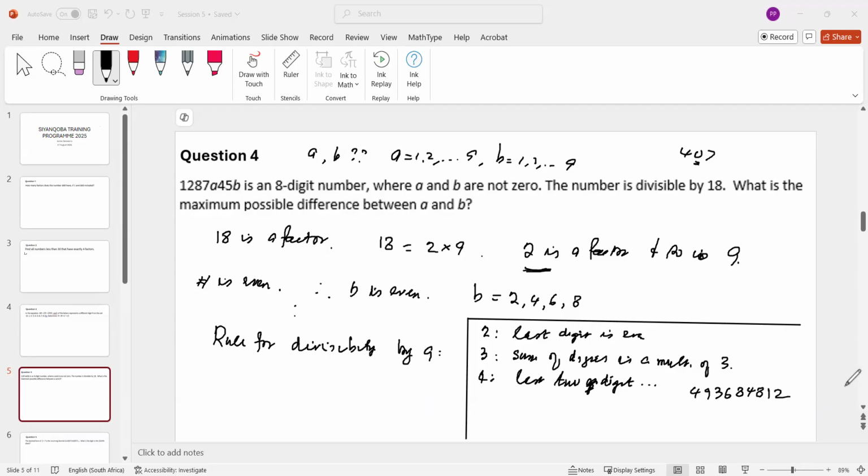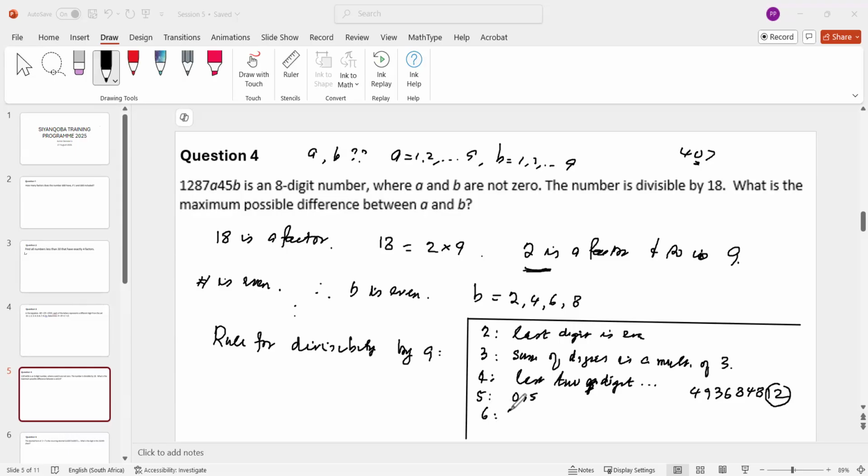This massive number. The last 2 digits are 12, right? You take a 2-digit number, and 4 goes exactly into that. So therefore, 4 goes into this big number. All you have to do is check whether 4 is a factor of the last 2 digits. 5, you know, multiples of 5 end in 0 or 5.